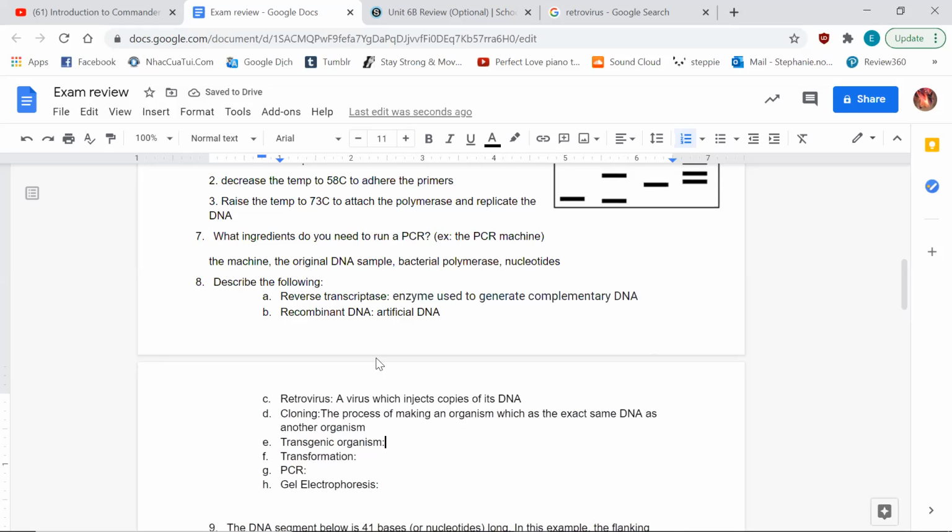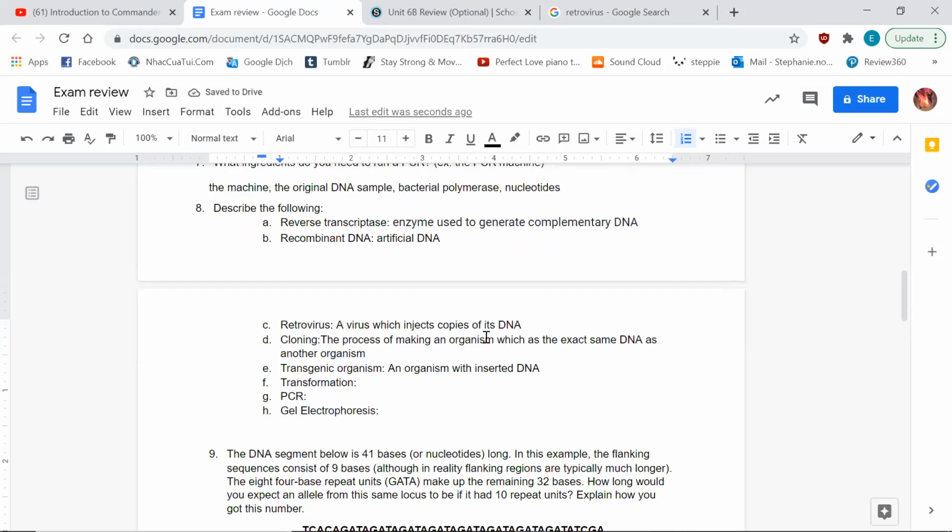A transgenic organism. An organism with inserted DNA. Transformation. When foreign DNA in a... PCR.